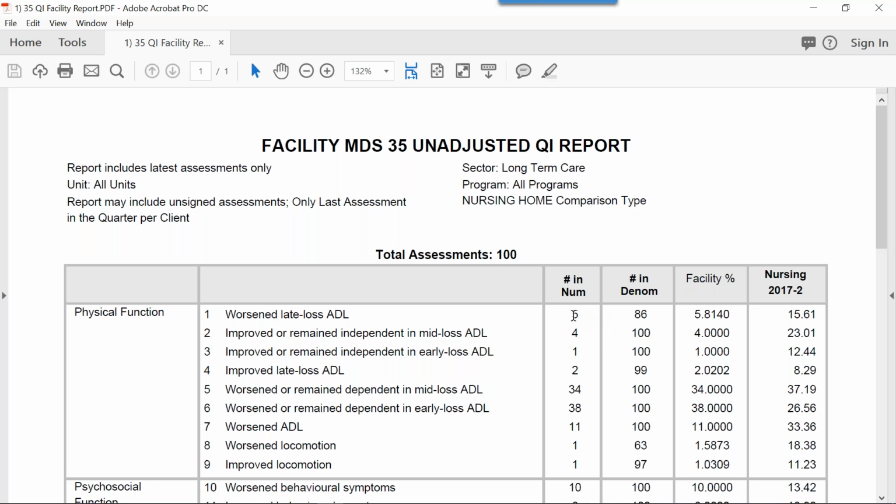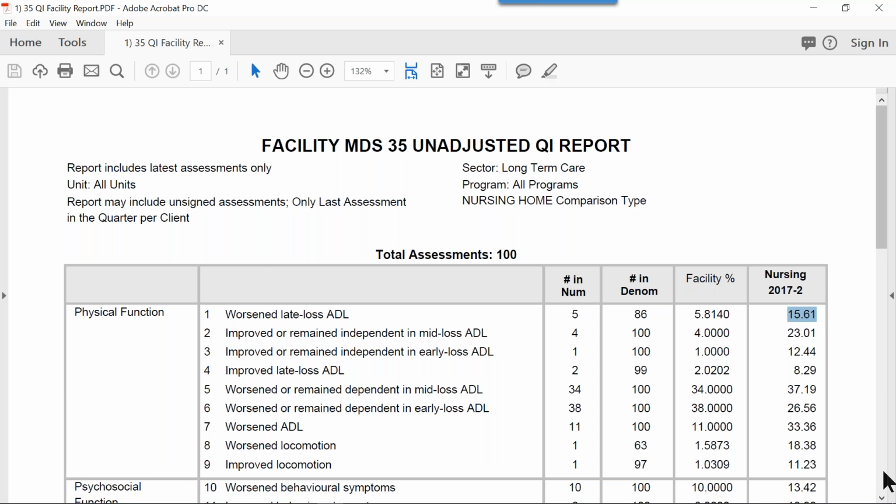And so out of my total group, notice again, only 86 out of the 100 people that are in the report to begin with, other than the 19 on top of that, only 86 people are included for this indicator because these people had other factors that would have excluded them from this calculation. I have a 6% rate and the province has a 16% rate. So I had a lot less decline in that 3 months than what the province is showing. So that's an incredibly good factor for me.